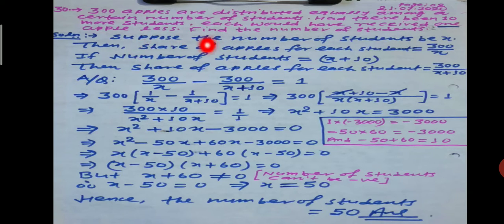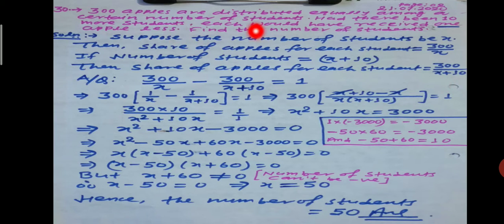So suppose initially the number of students be x, then 300 apples have to be divided among x students. Then the share of apples for each student will be 300 divided by x. Now if the number of students becomes 10 more, that is x plus 10, then the share of apples for each student will be 300 upon x plus 10.